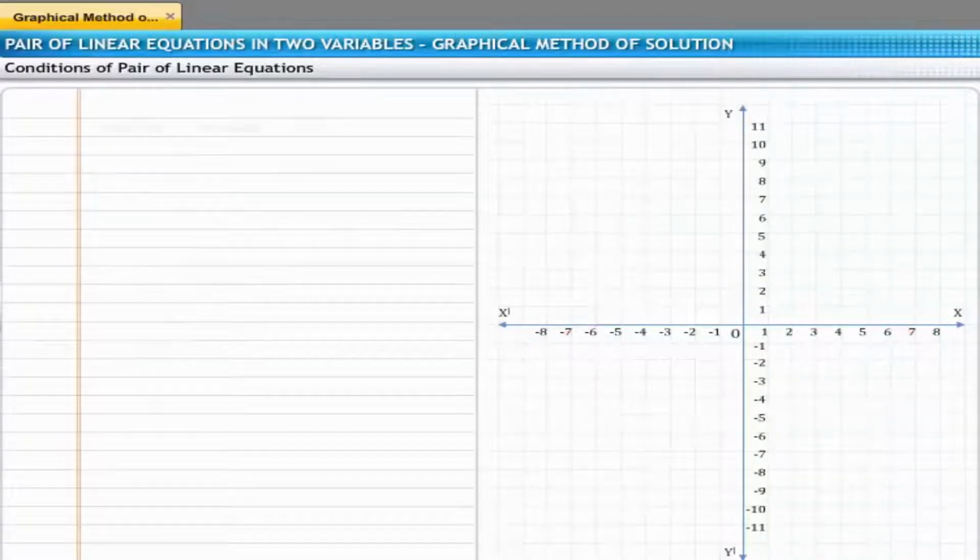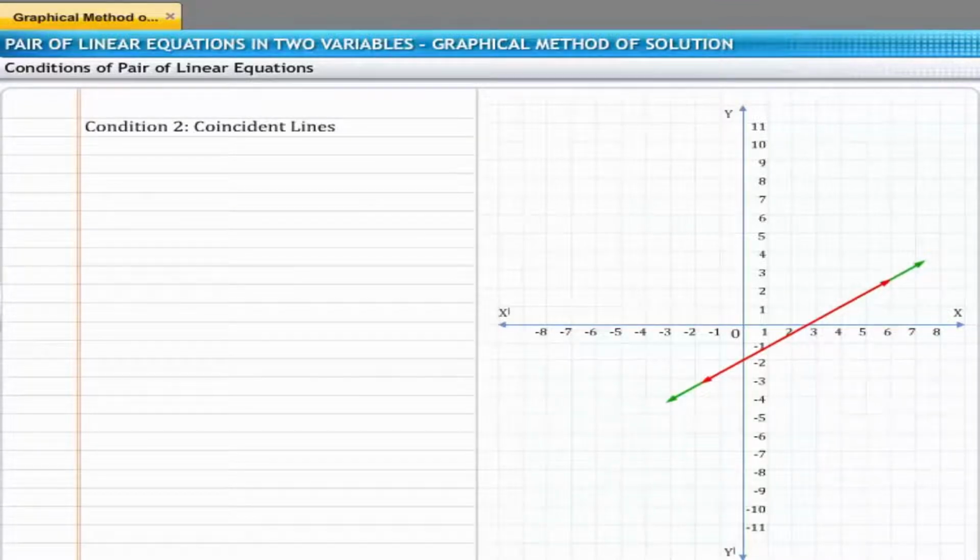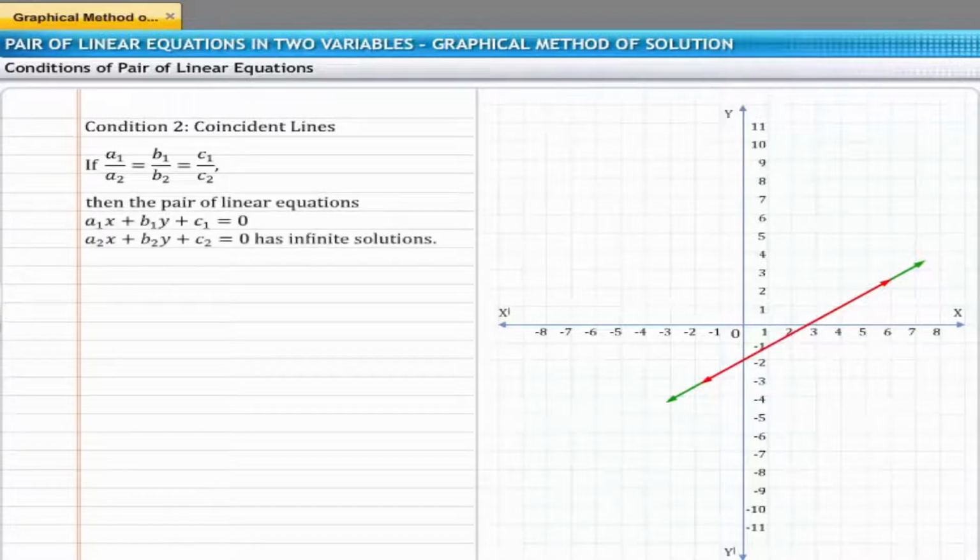Next, let's consider the second case where the lines coincide with each other. This condition is possible only if a1 upon a2, b1 upon b2, and c1 upon c2 are equal. In this case, the pair of linear equations will have infinite solutions. Consider the pair of linear equations given here.